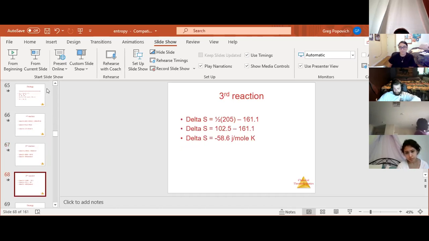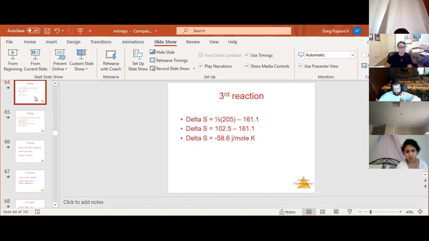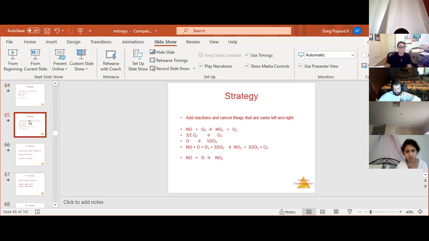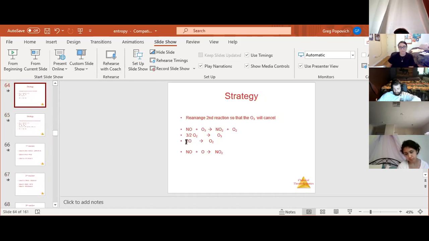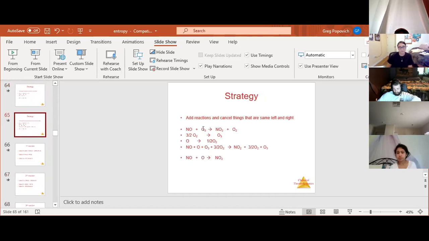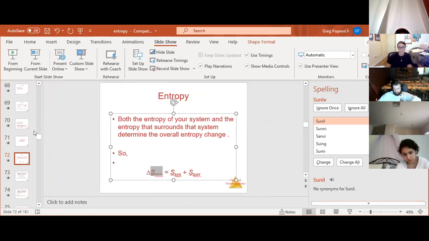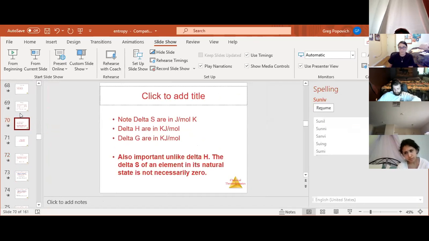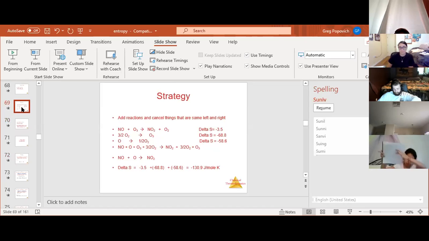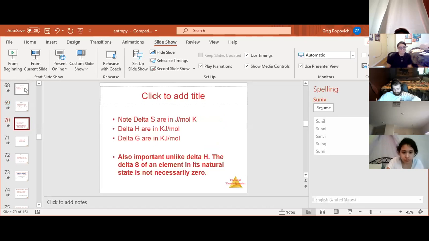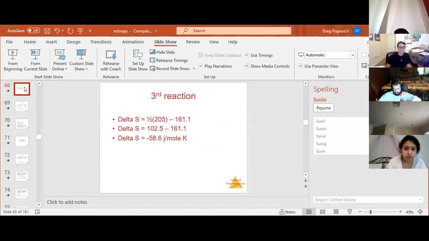Third reaction, I have O going to 1/2 O2. I'm sorry, I'm trying to find this silly thing here.